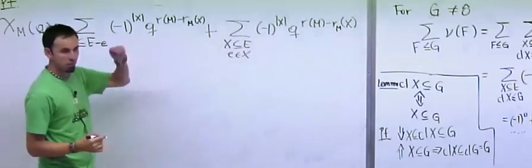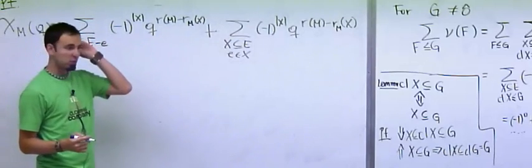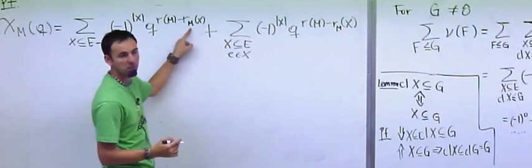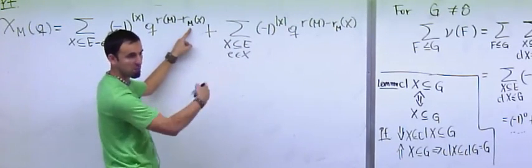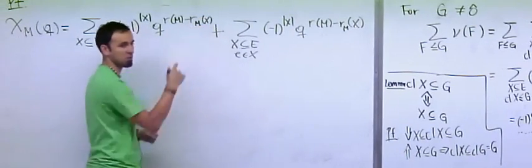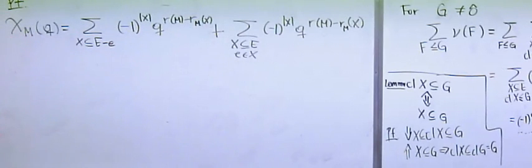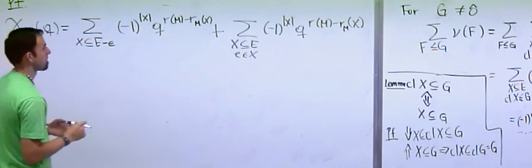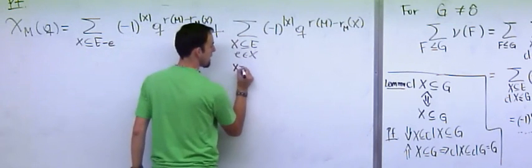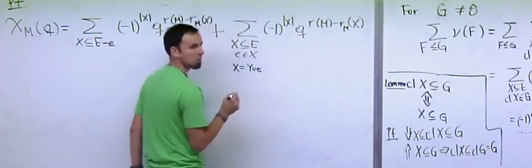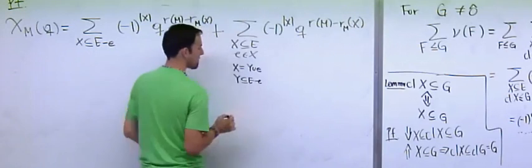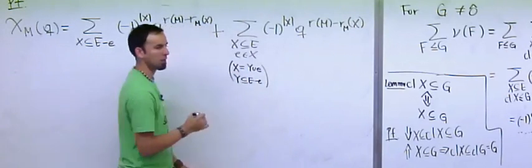Make sure that you don't let me make a mistake here. When I write rank functions, I want to use the subscript M, because I'm going to play with three different matroids here: M, the deletion, and the contraction. And so whenever I use ranks in this argument, I should put subscripts. Okay? Now, each one of these, I can write as X equals Y union e, because it contains little e.